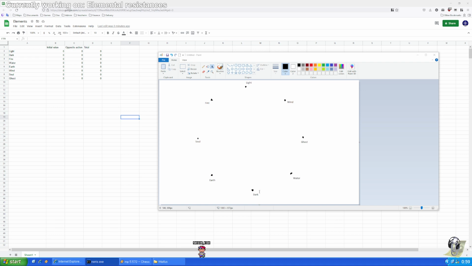Earth is close to dark, which is not great. Water is close to dark. Wind should be close to dark, but then it's close to ghost.